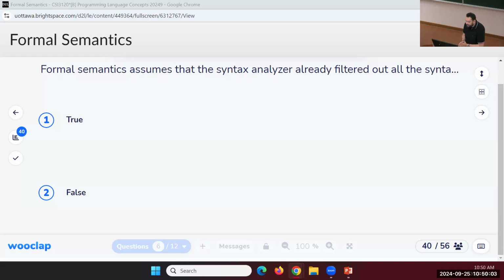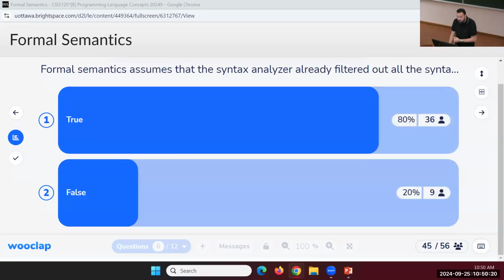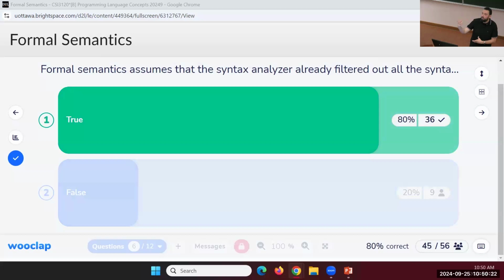So formal semantics, do we assume that the syntax analyzer already filtered out the errors or not? In formal semantics, are we checking for both syntax errors and semantic errors, or are we only focusing on semantics? It's actually true. Why? Who can remind me of this? What is the compiler formed from?